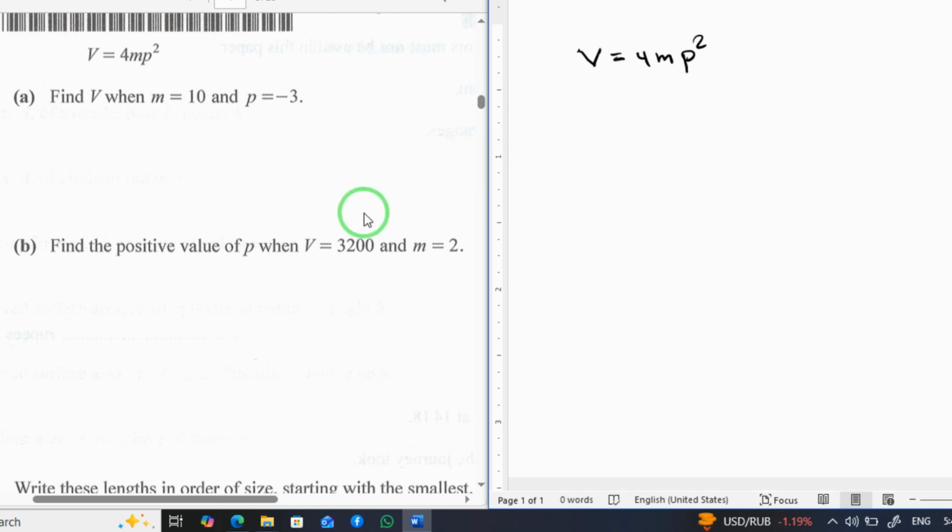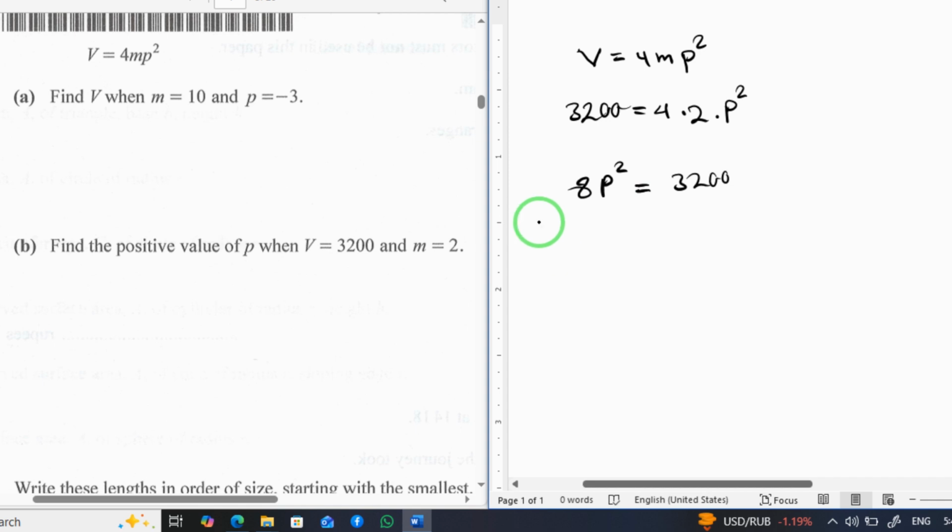So we substitute directly: 3200 equals 4 multiplied by m, which is given as 2, and p squared. We should find the positive value of p. So we can write 4 times 2, 8. p squared is 3200. It means 8p squared equals 3200.